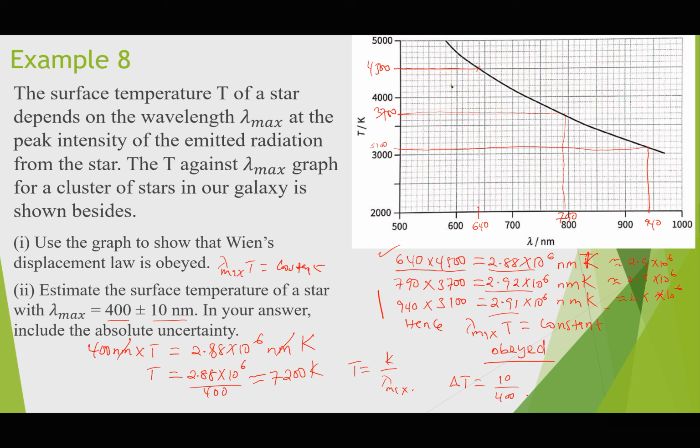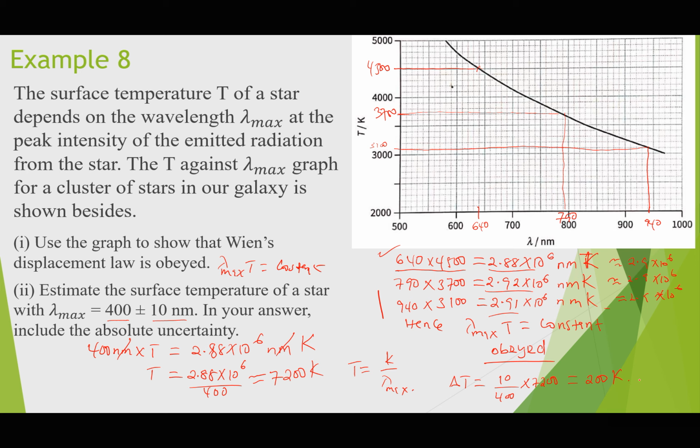That is the fractional uncertainty, times T, which is 7,200. That is 10 divided by 400 times 7,200, approximately 200 to one significant figure.